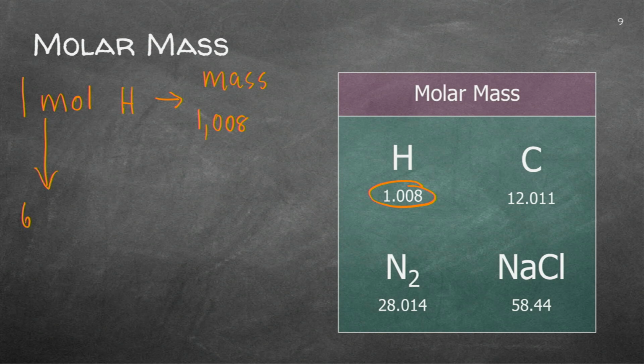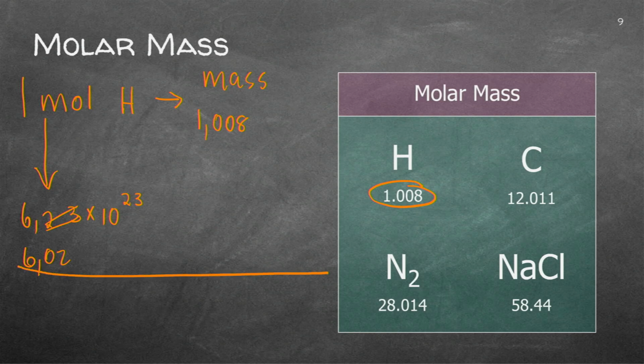And how many atoms is this mole? Well, it's 6.02 times 10 to the 23 power. Sorry, I'm getting confused with the 23. Now, let's put this into a number. There's 6.02 times 10 to the power of 23.